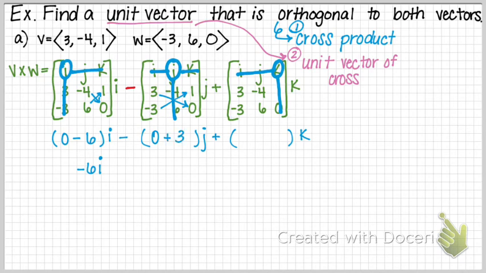So plus 3. So that means I got a 3j right in here, but I still got that minus sign out front. So it's minus 3j. Then for k, we'll take 3 times 6 and get 18 minus -3 times -4 is 12. 18 minus 12 is 6. So then we'll have plus 6k.